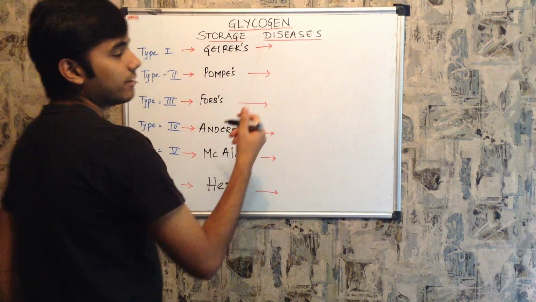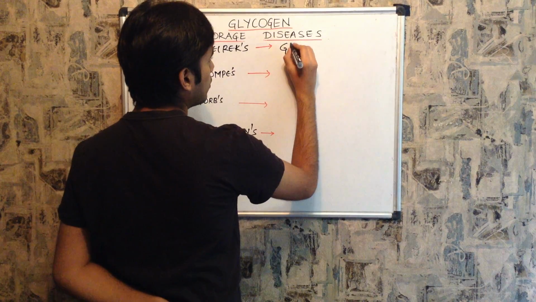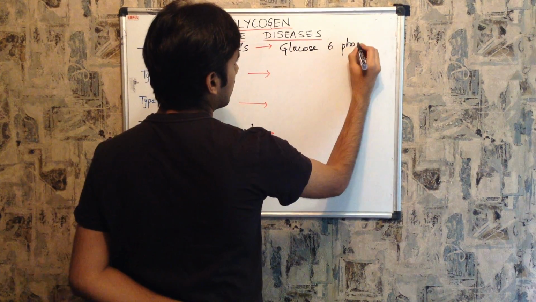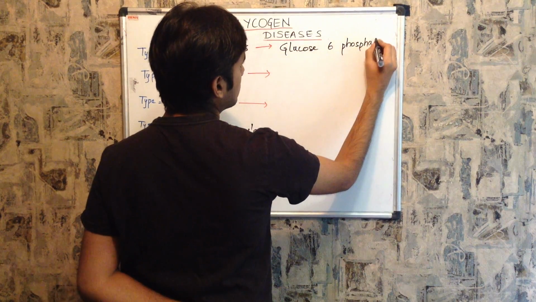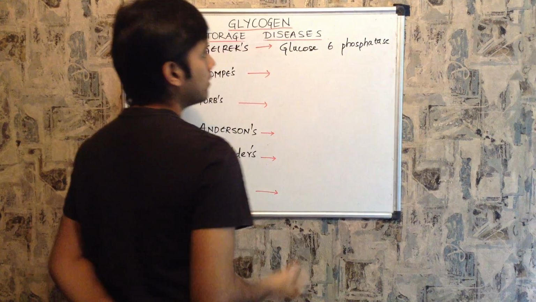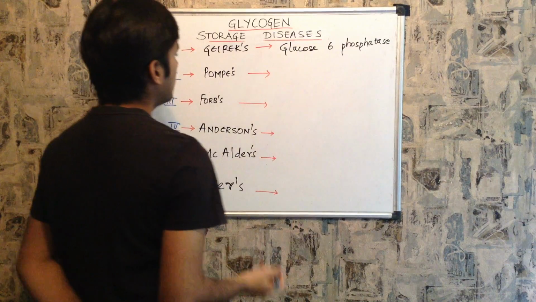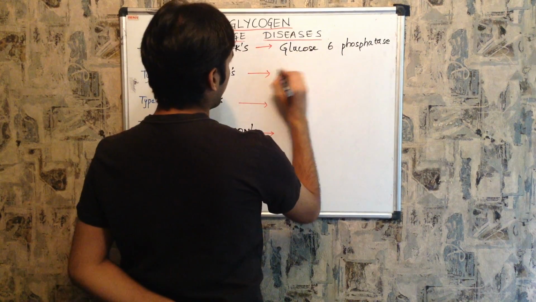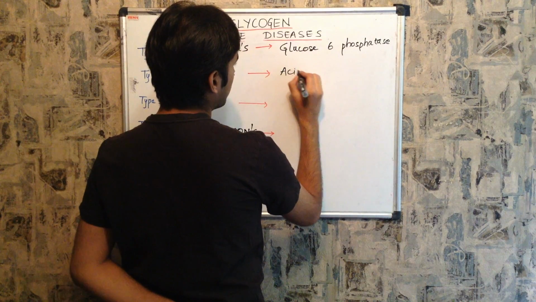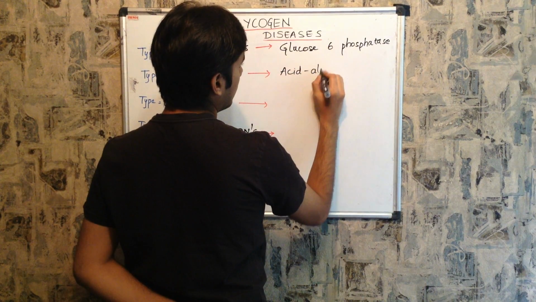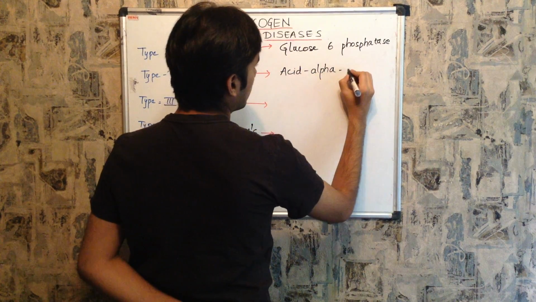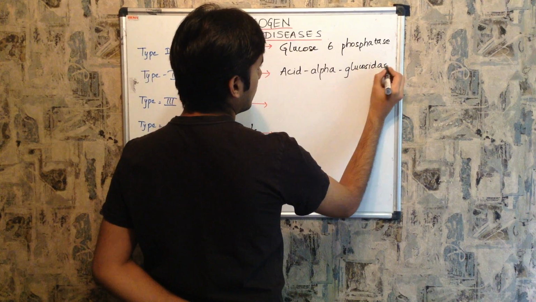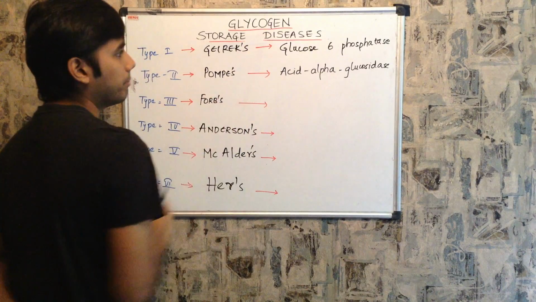Gierke's disease is due to the deficiency of the enzyme glucose 6-phosphatase, right? Pompe's disease is by acid alpha glucosidase. Acid alpha glucosidase deficiency causes Pompe's disease.